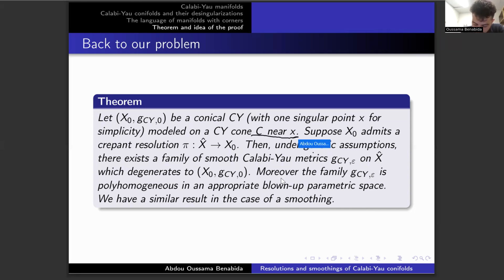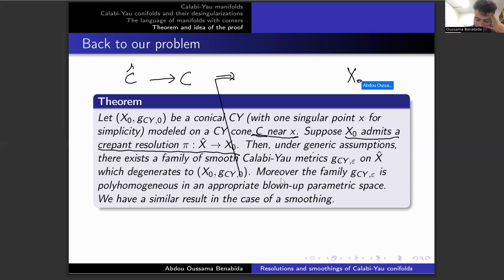So as we mentioned before, suppose x0 admits a crepant resolution. So in particular, the crepant resolution is local. So we suppose that the cone C itself has a crepant resolution. So if C has a crepant resolution C hat, we can produce the resolution of x0 given by x hat, which is defined as x0 minus x, summed with C hat, basically.